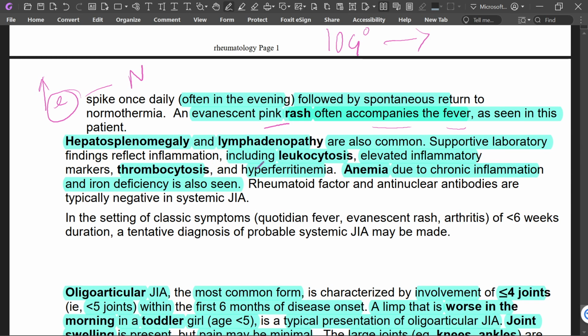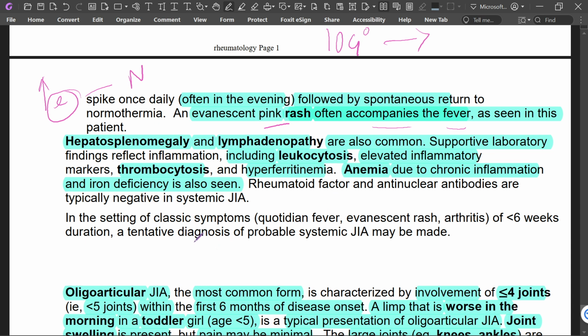There may be hepatosplenomegaly and lymphadenopathy, which are also common. Supportive labs reflect inflammation, including leukocytosis, elevated ESR and CRP. There may be thrombocytosis and hyperferritinemia.